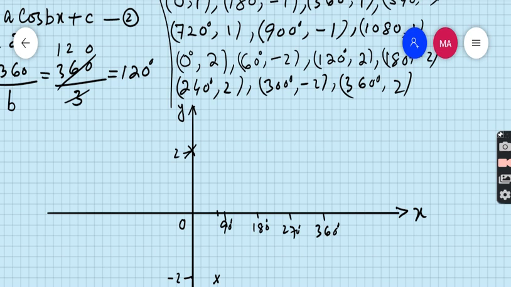One square is 22.5. Okay. No, these are not good values. I would like to take some other values.